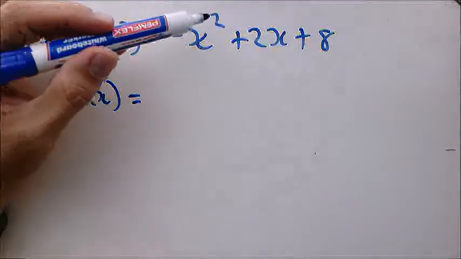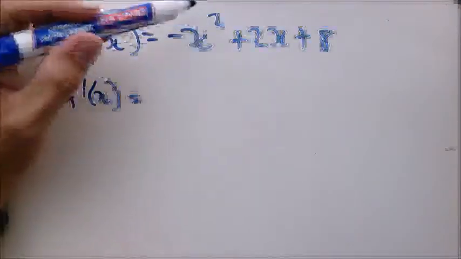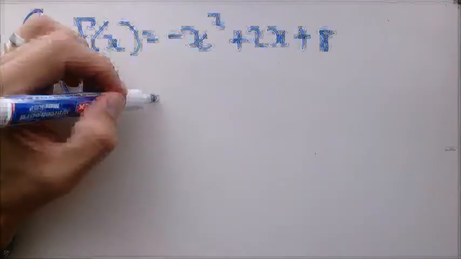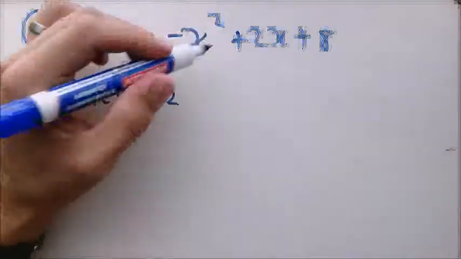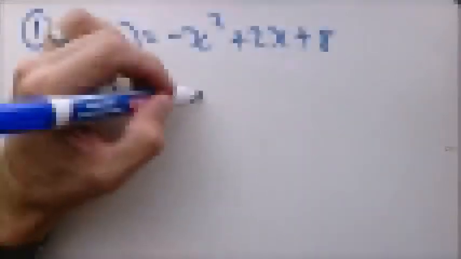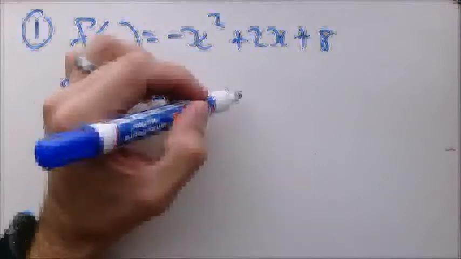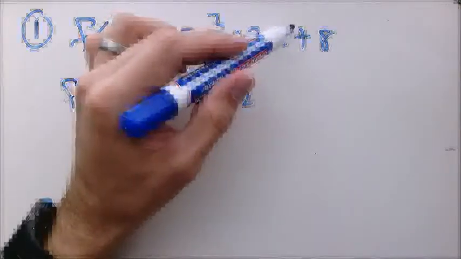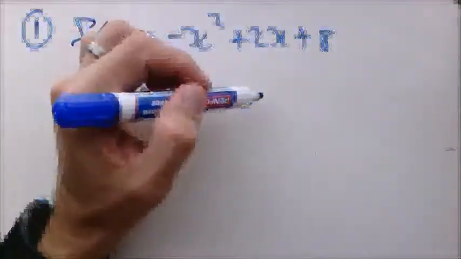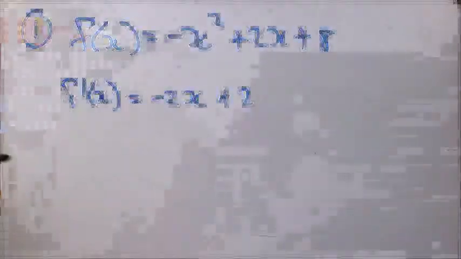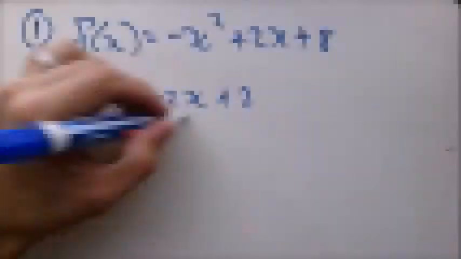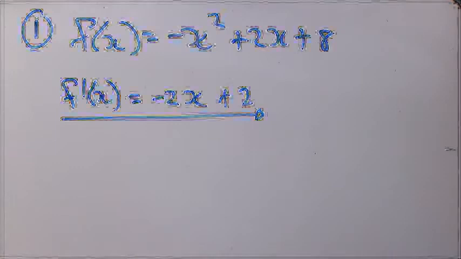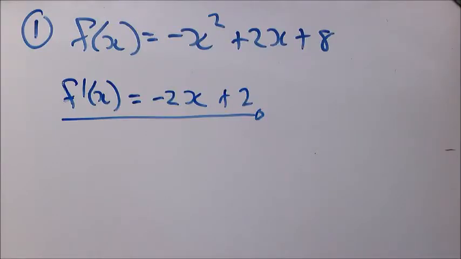Now we use our rule, so the 2 goes to the front and it's being multiplied with negative 1, so it becomes negative 2, and the 2 becomes a 1 there, so it becomes negative 2x plus 2, because for the x, 1 minus 1 is 0, that becomes a 1, and the 8 falls away. So this is your derivative. Now you've set yourself up to solve the rest of it.